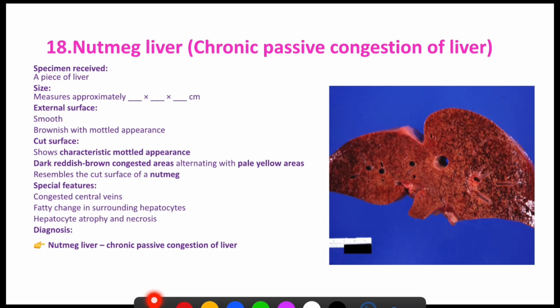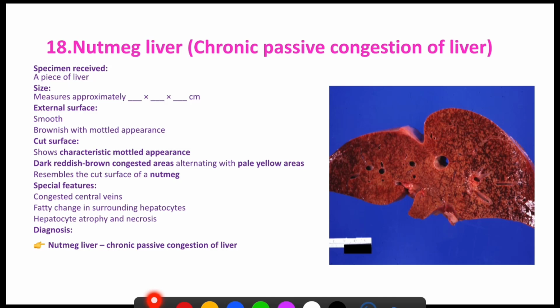You can find alternating brown and light areas. The dark reddish brown is the congested area, and the pale yellow area nearby resembles the nutmeg cut surface. So it is called nutmeg liver.